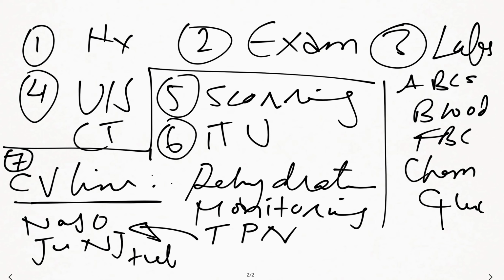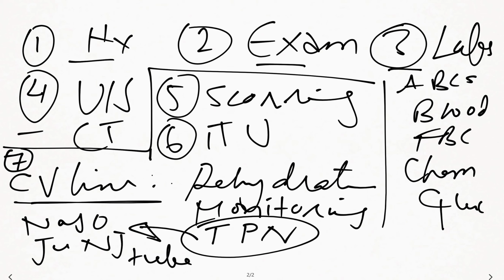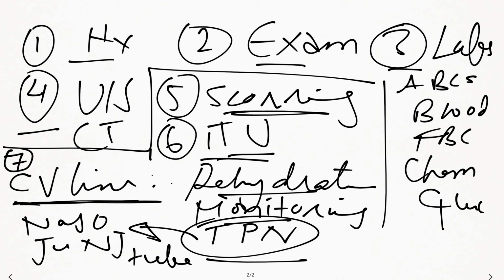This NJ tube will bypass the duodenum, and in this way you can save the GIT from atrophy and translocation, but many schools are using TPN until this moment. So we have history, examination, labs, radiological studies, scoring. You may shift to ITU according to scoring, CV line for rehydration, monitoring, and total parenteral nutrition.